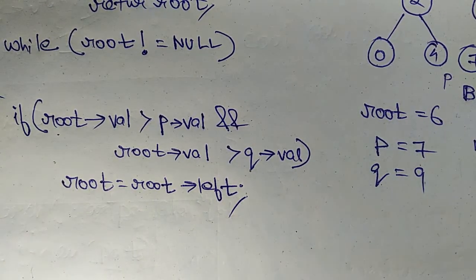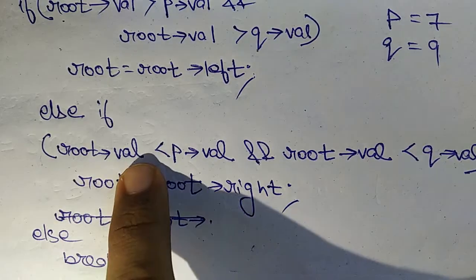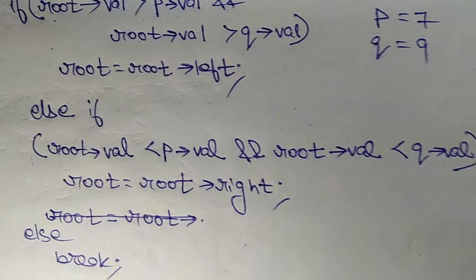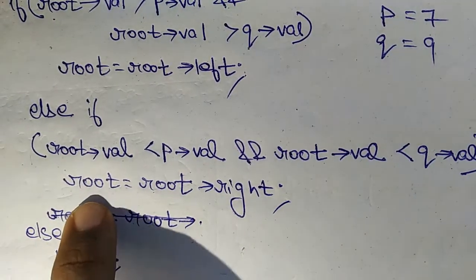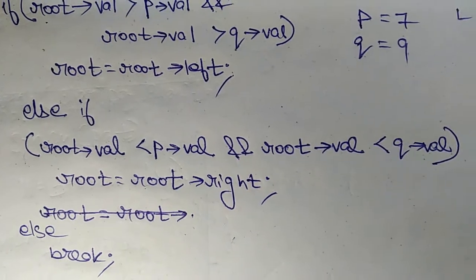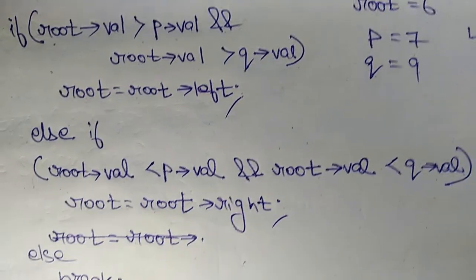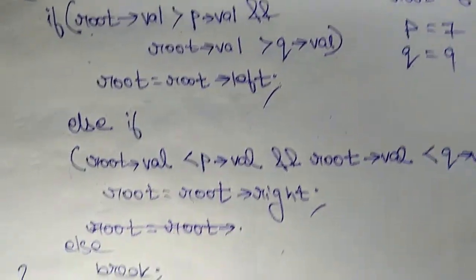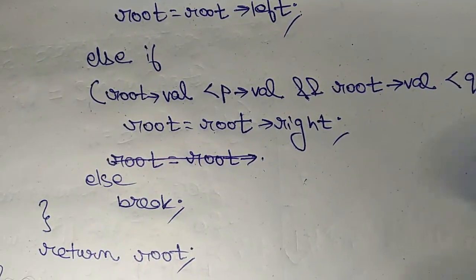Okay, else if root value is less than the P value and also less than the Q value, then we simply shift towards the right of the binary search tree. Else if none of the two conditions above is satisfied, we break from the while loop. Okay, now what we return, we return the root.